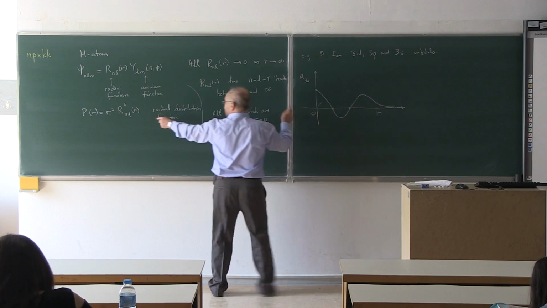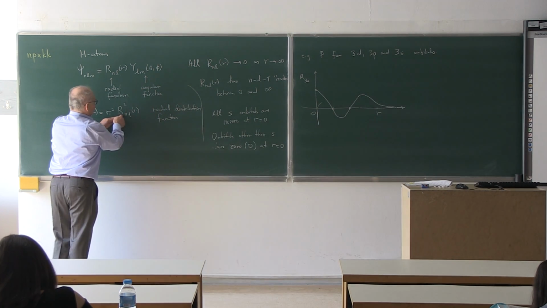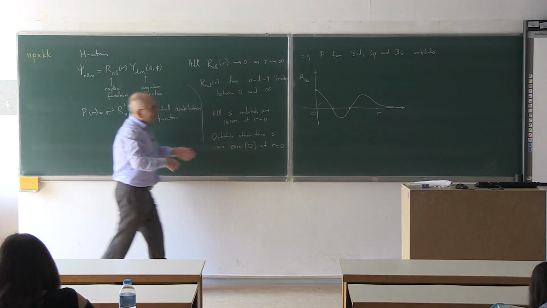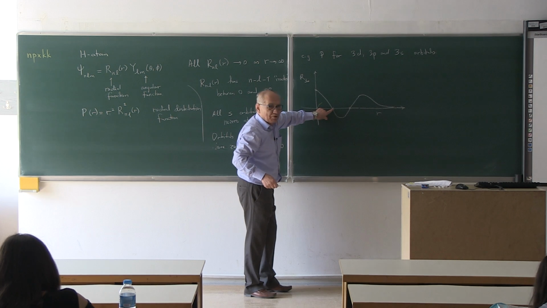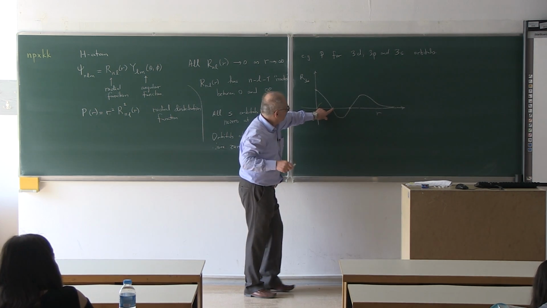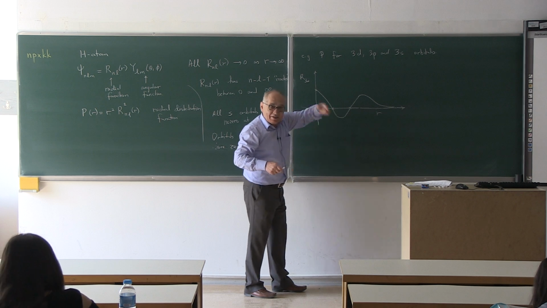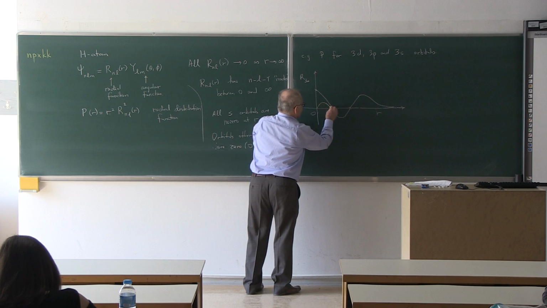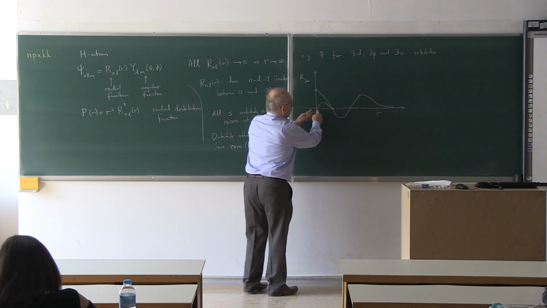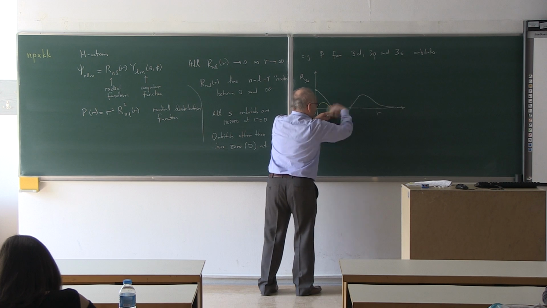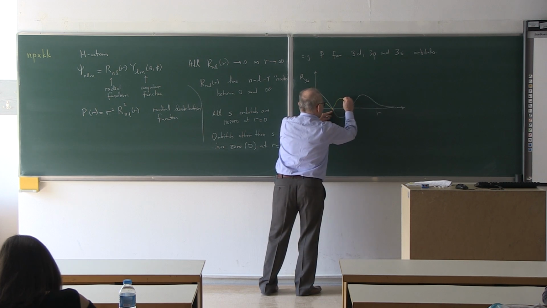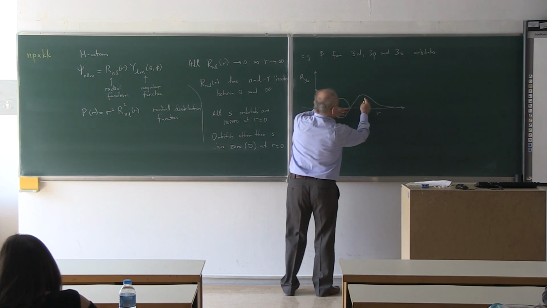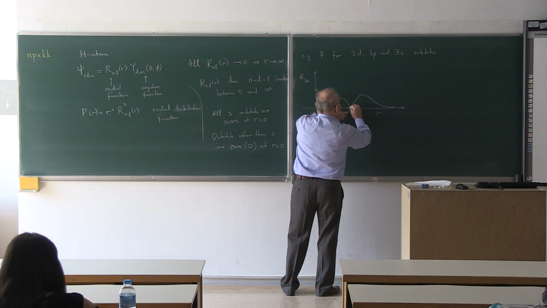But squaring the radial function and multiplying with r square, could it change the position of this 0? No, that 0 stays there. Also, this 0 stays there, even when we square it. So what will happen? When we square this, this part looks qualitatively similar.